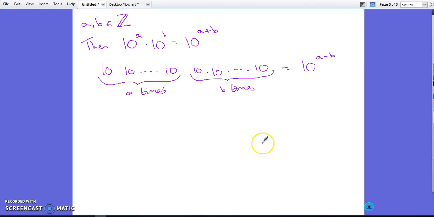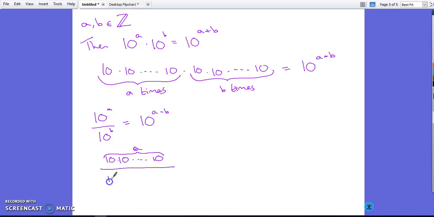And the same way works for if we're dividing. If we have 10 to the power of A divided by 10 to the power of B, then we have 10 to the power of A minus B. And we can figure this out, that if we had A lots of 10 here, divided by B lots of 10 on the bottom, then we would be able to cancel top and bottom.